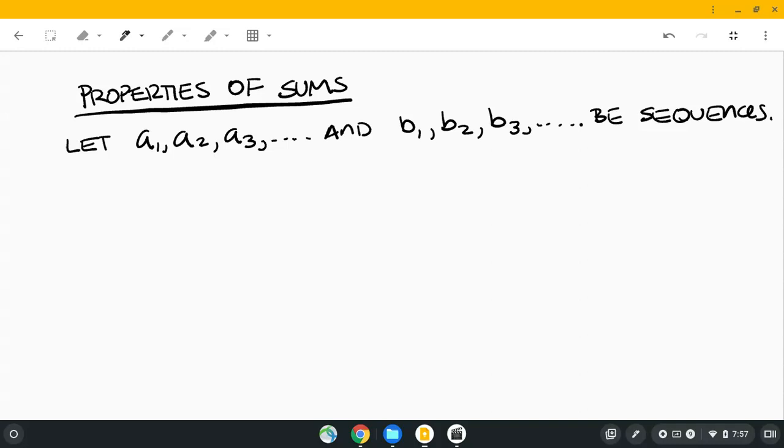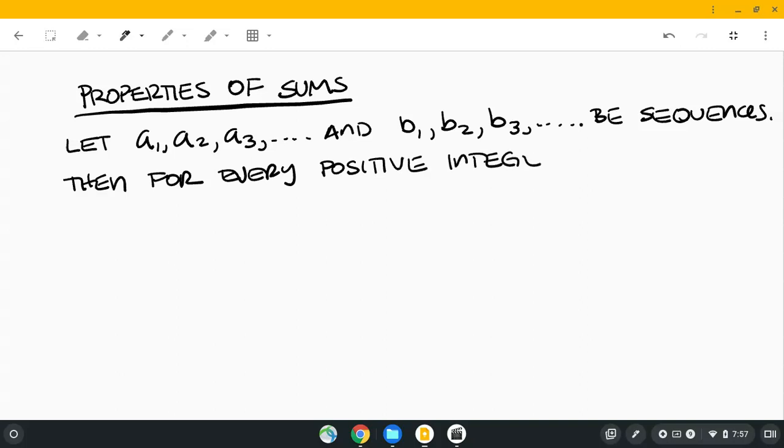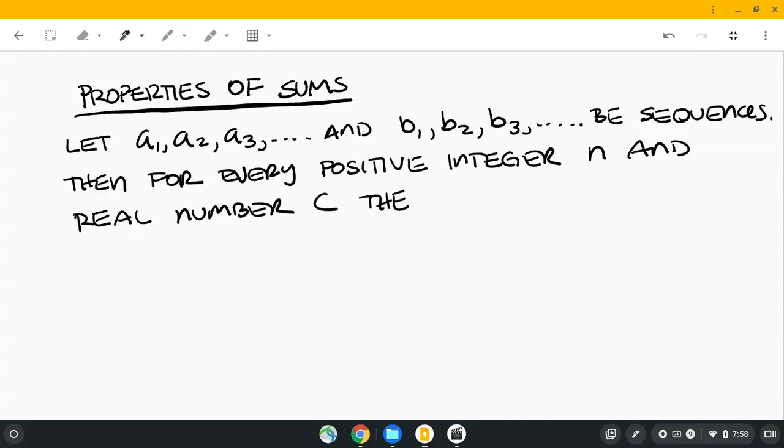Then for every positive integer n and real number c, the following hold true.